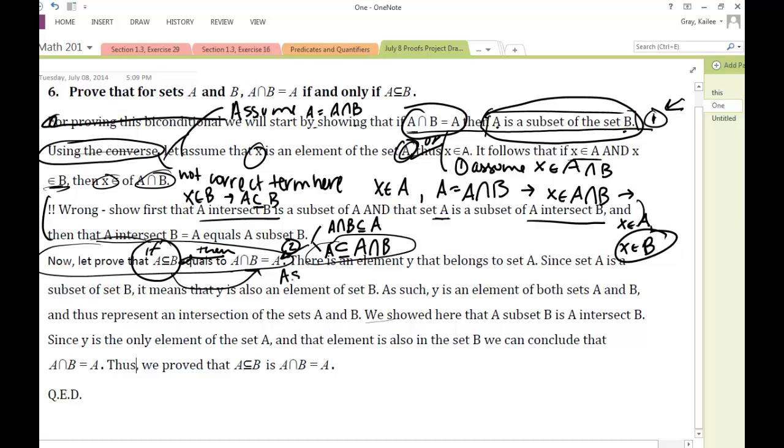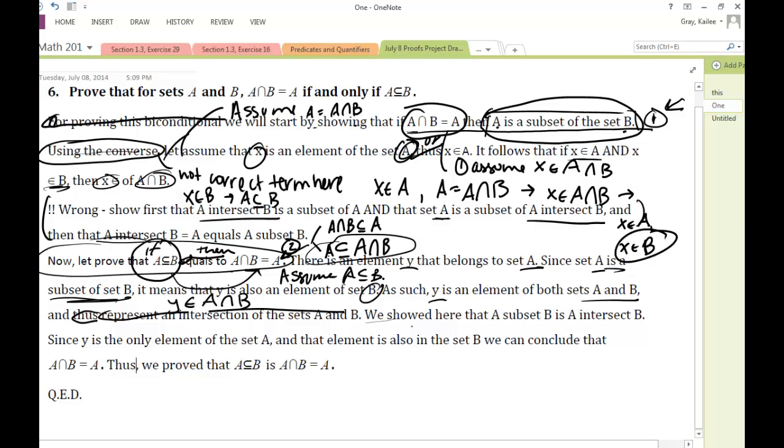So we want to include that assumption because we're going to use it. So assume A is a subset of B. Okay, then you're saying take an element in A. Yep, from my assumption, A is a subset of B. Good. It means that Y is also in B. Good. So Y is an element of both sets A and B. And you can just say, and thus, Y is in the intersection of A and B. Okay?